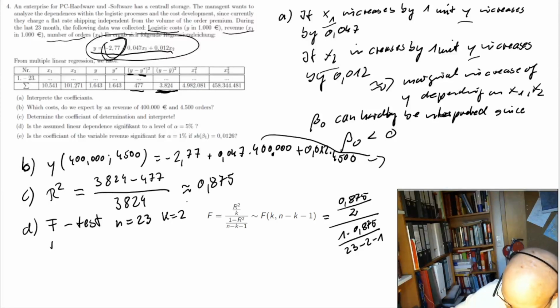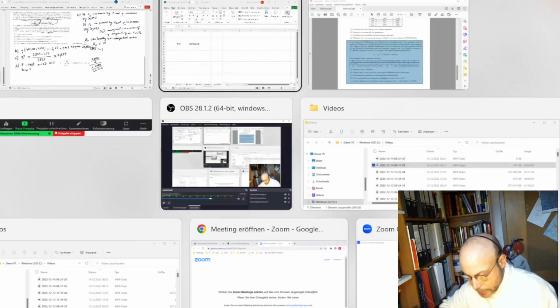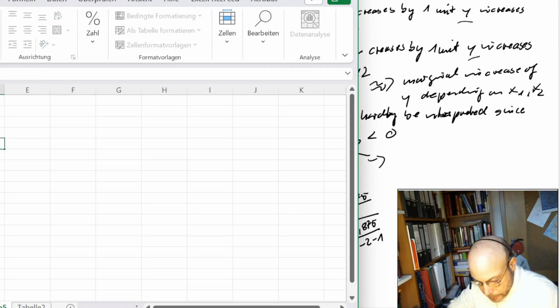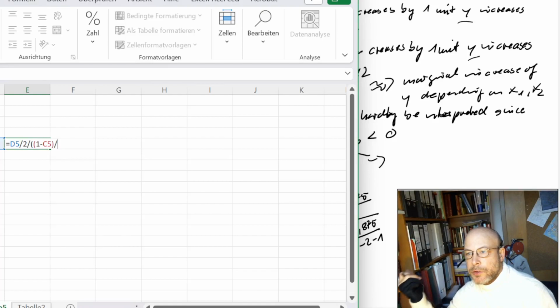And then we have the empirical value of F, F emp, equals this over 2 over 1 minus R squared over 23 minus 2 minus 1.